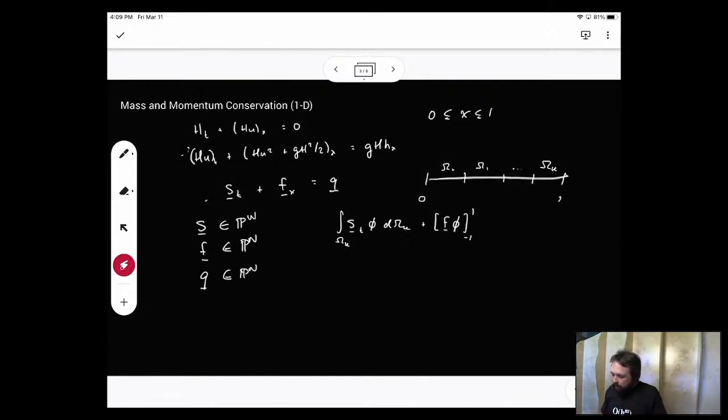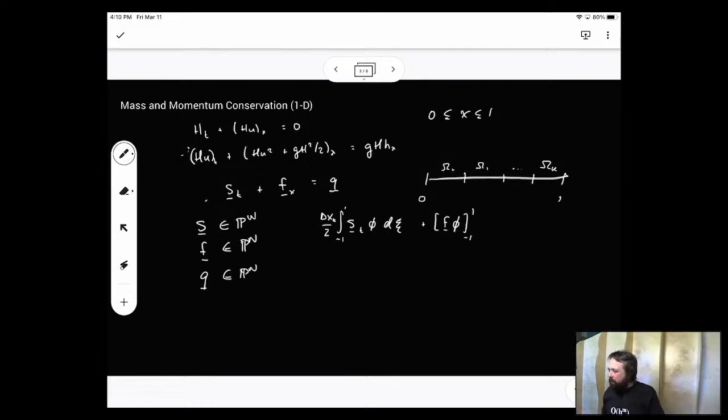Essentially, each of these elements gets mapped to a reference element that is on -1 to 1, and we actually keep track of those metric terms, which, you know what, I'm going to go ahead and do that right now. If I map each element to a reference element that's on -1 to 1, I can change the boundaries of this integral for every single one of these elements to be -1 to 1, and then that d omega k just becomes d, and I call it c.